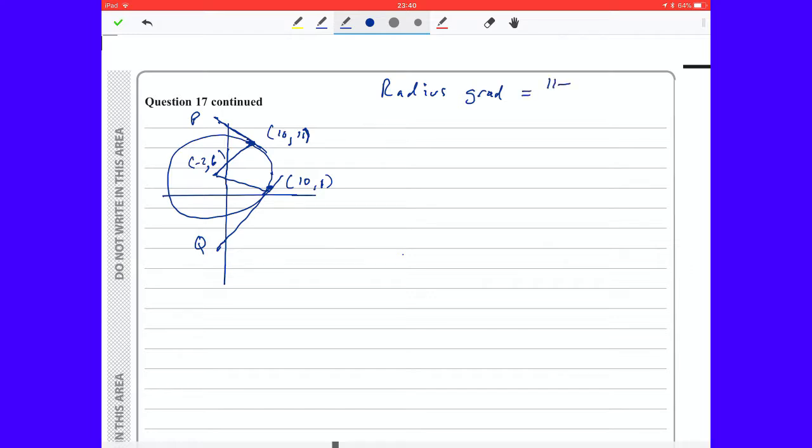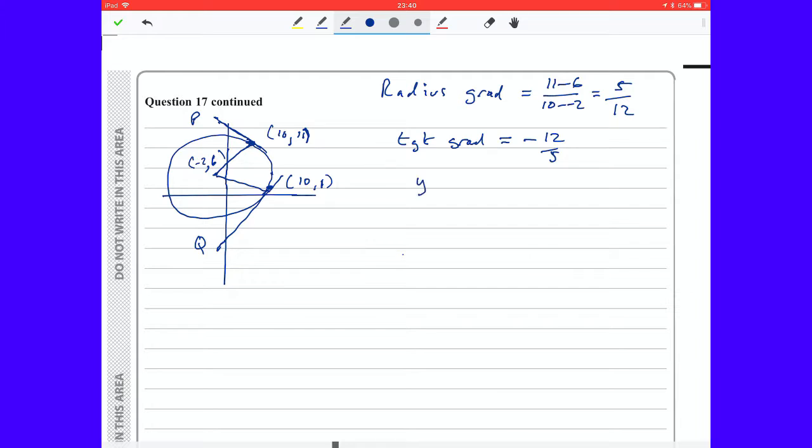So it's 11 minus 6 divided by 10 minus -2, which is 5/12. Now, if the radius has gradient 5/12, the tangent gradient will be -12/5 because the tangent and the radius are perpendicular.